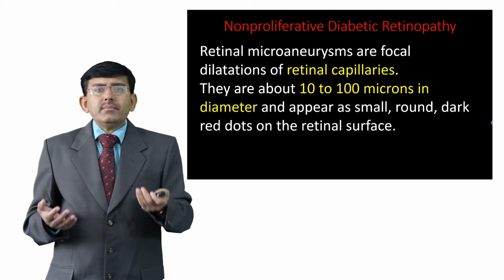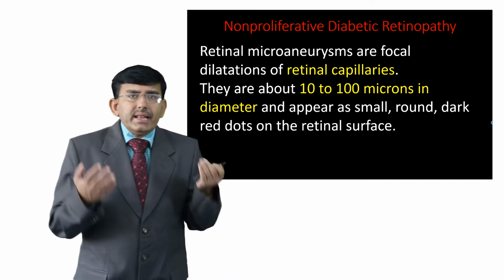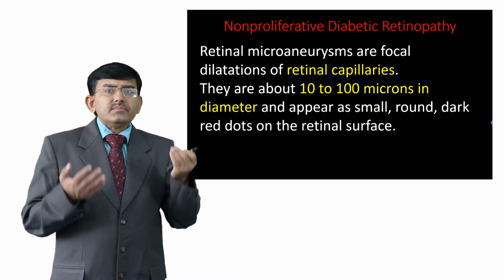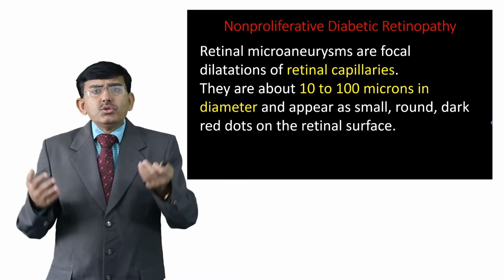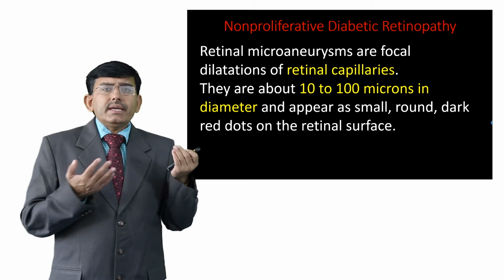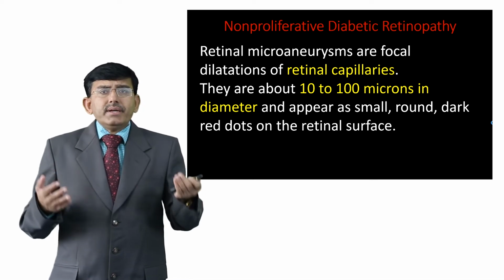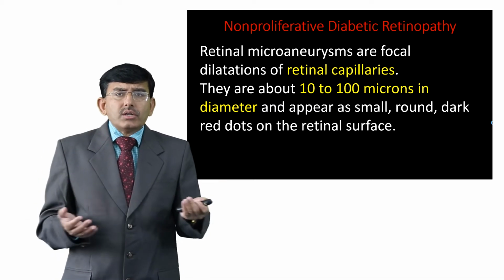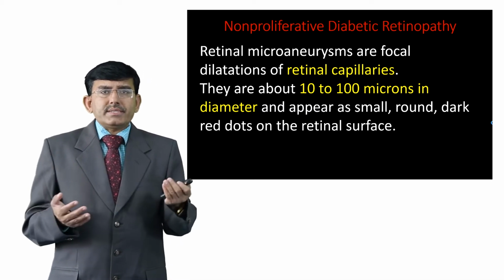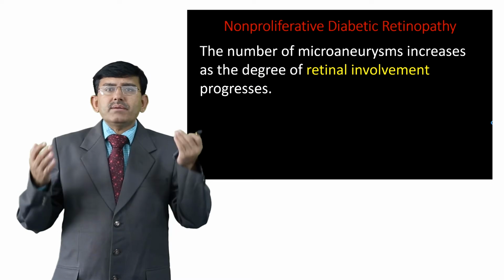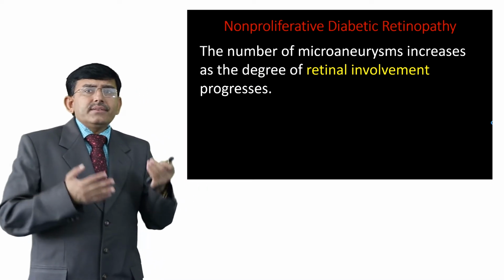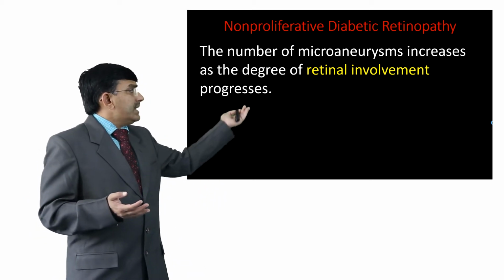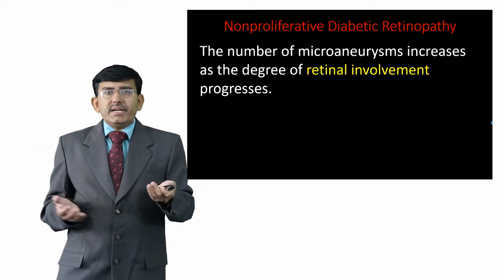Retinal microaneurysms are focal dilations of retinal capillaries. They are about 10 to 100 microns in diameter and appear as small, round, dark red dots on the retinal surface. The number of microaneurysms increases as the degree of retinal involvement progresses among diabetic subjects.